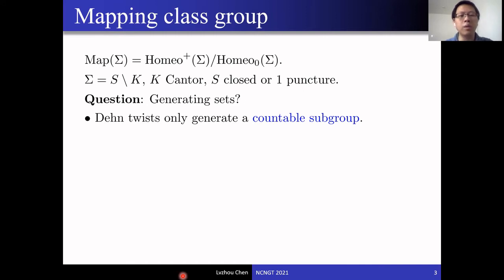On the other hand, people sometimes consider some non-trivial topology on the big mapping class group, and consider topological generating sets, where you don't just take the algebraic subgroup generated by a set of elements, but you also take the closure corresponding to the topology.